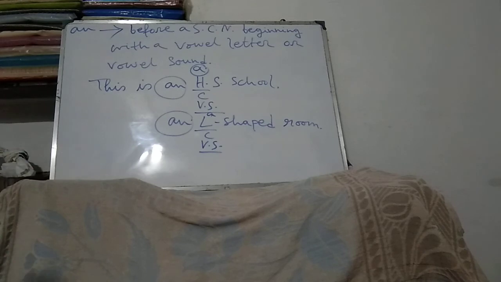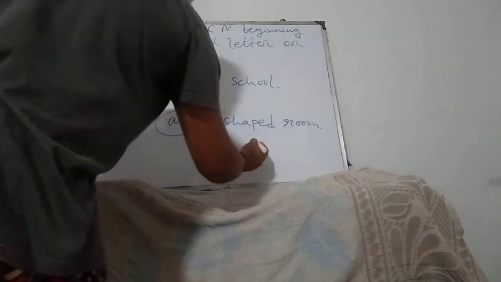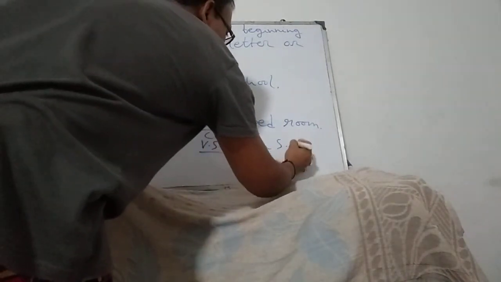In your book also given: an MA, he is an MP, he is an SP, an SP.